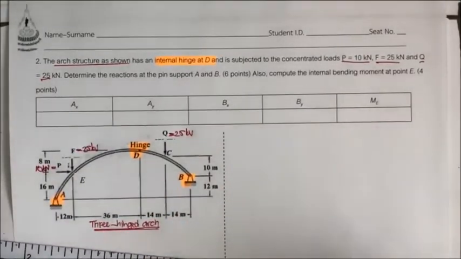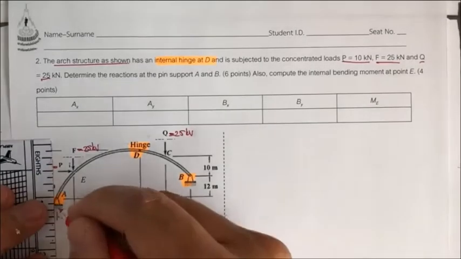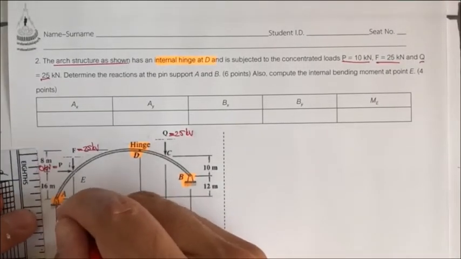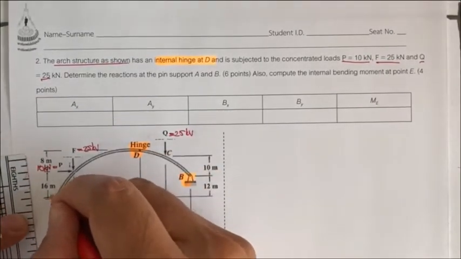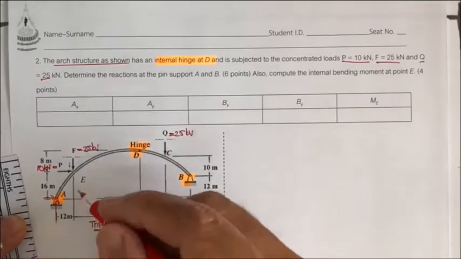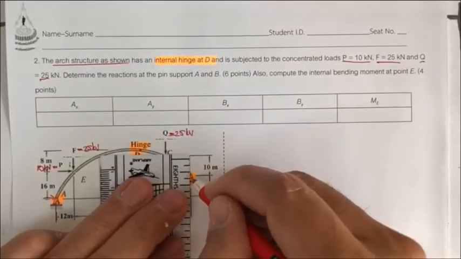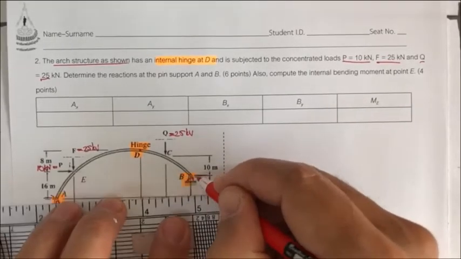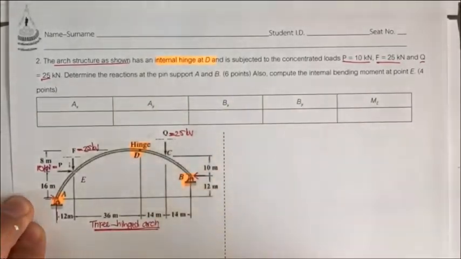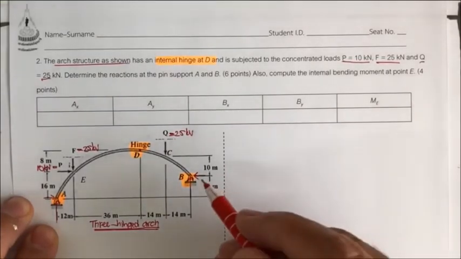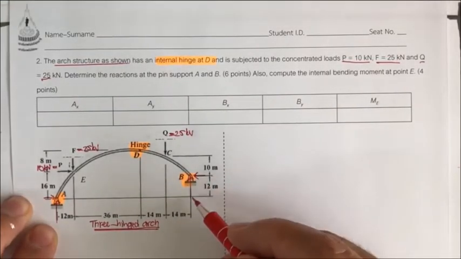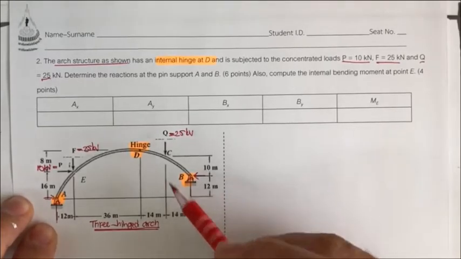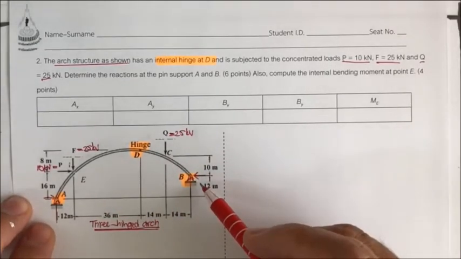But if you take a look, for the whole arch, you're going to have unknown forces of A sub x, A sub y, B sub x, and B sub y, and we cannot solve it because the whole free body diagram has 4 unknowns.